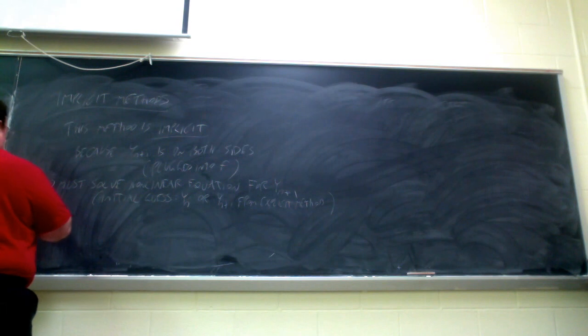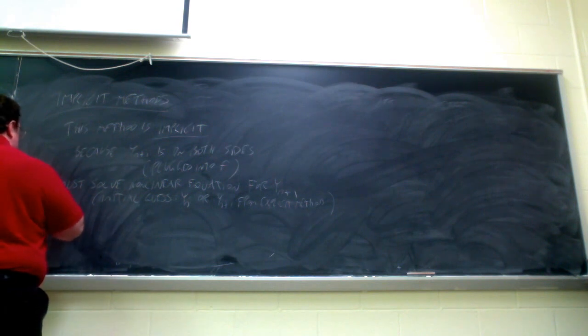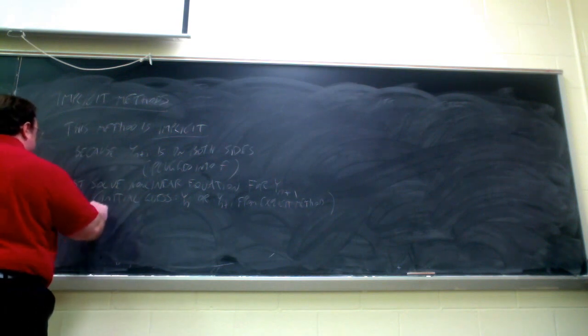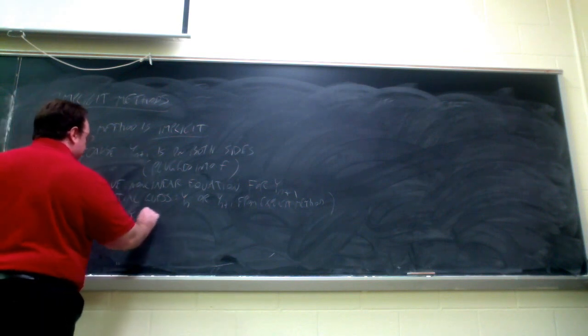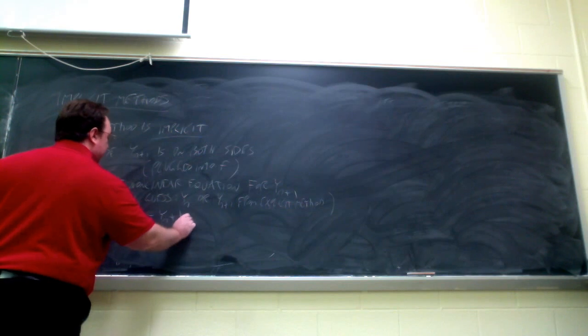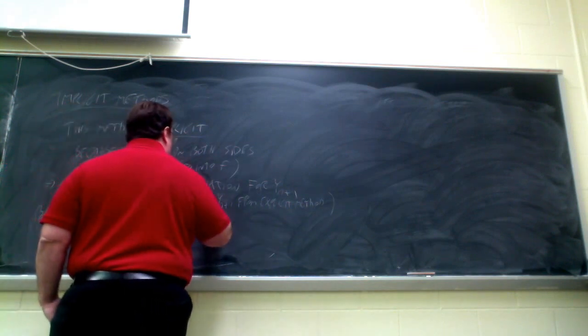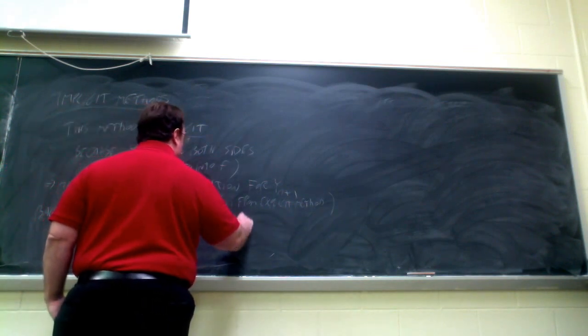Okay, now here's another implicit method, a simpler one actually, backward Euler. It is the same as Euler's method, except you plug in time n plus 1, and yn plus 1, into f. So that's really the simplest implicit method.